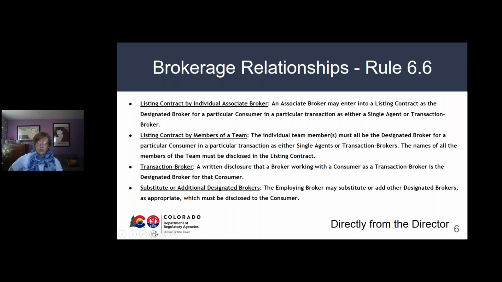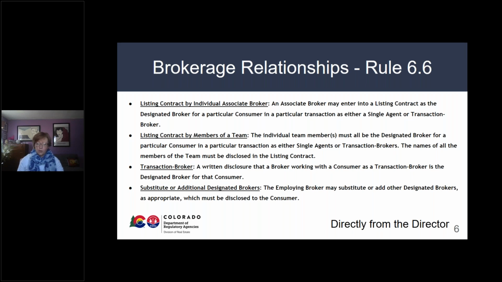A single agent owes the utmost good faith, loyalty, and fidelity to their clients. So you are their advocate. Both a single agent and a transaction broker are required to exercise reasonable skill and care. As a transaction broker, you're not the advocate; you are a facilitator in the transaction. If you're going to be a single agent, that has to be a written agreement, which is why you have the exclusive right to sell contract or the exclusive right to buy contract.